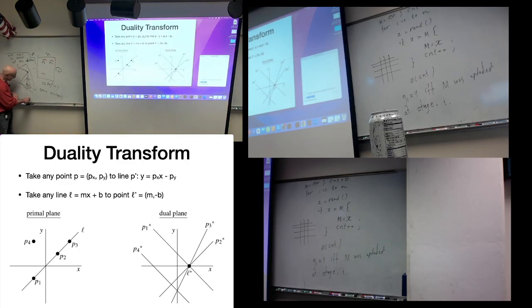What about changing the weight to minus minus? Still in logarithmic time.